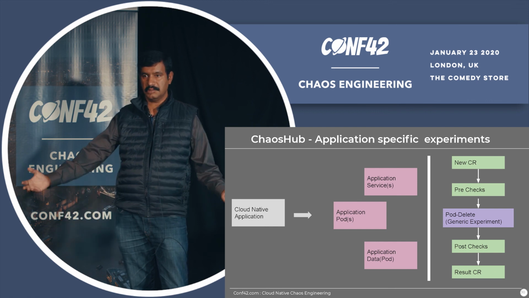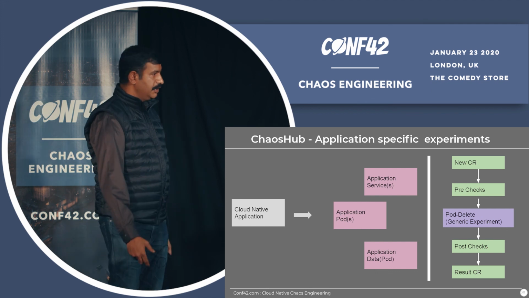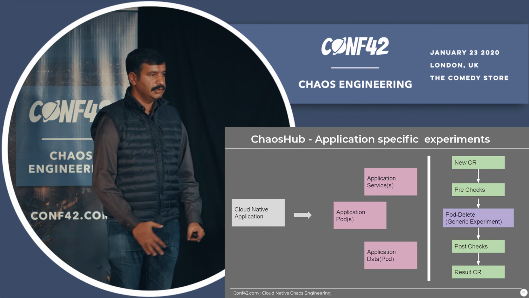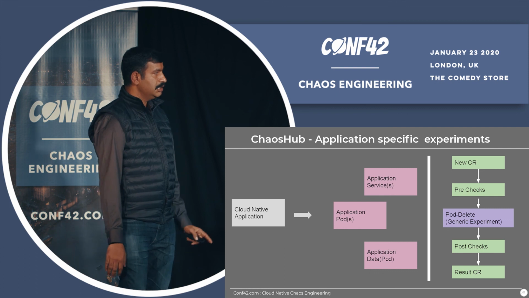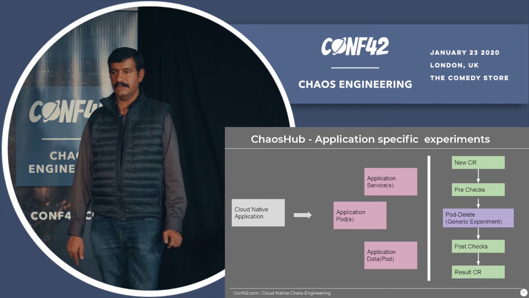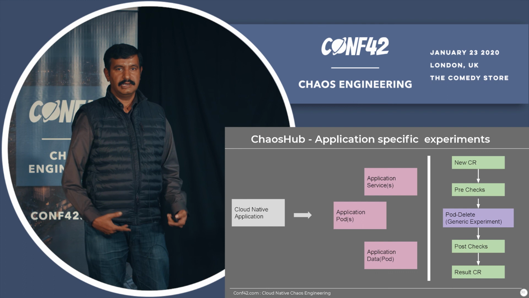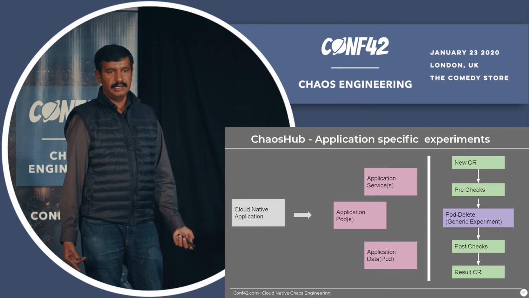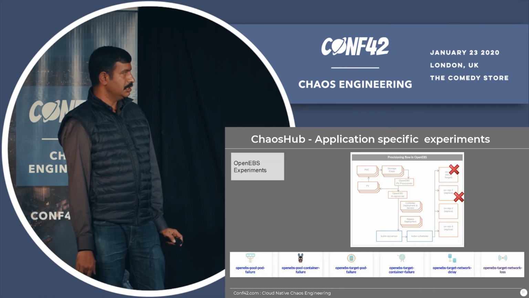Am I going to kill my SQL server, or am I going to kill a part of it, etc.? That's the definition. And then you verify before killing that everything is good, right? So that's the hypothesis. And then you use the generic experiment to actually do the chaos and then verify your post checks, right? All this can be put into an experiment, and every time you don't need to run it again and again. You just put that into a YAML file and your application chaos happens, right? So the result CR gets done.